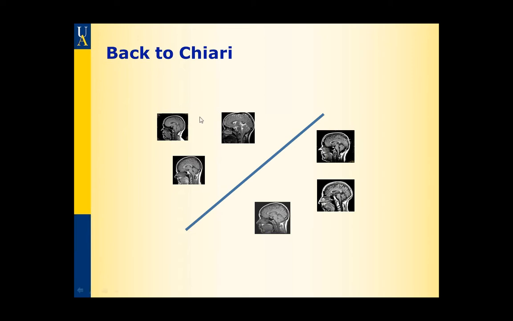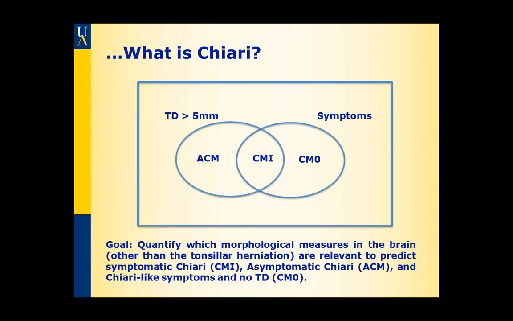So the idea is to get some features from this data to reduce the dimensions to play with. So, what is Chiari?